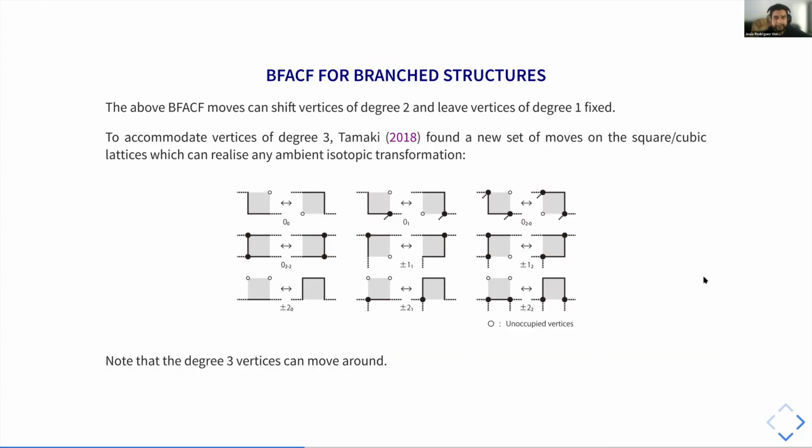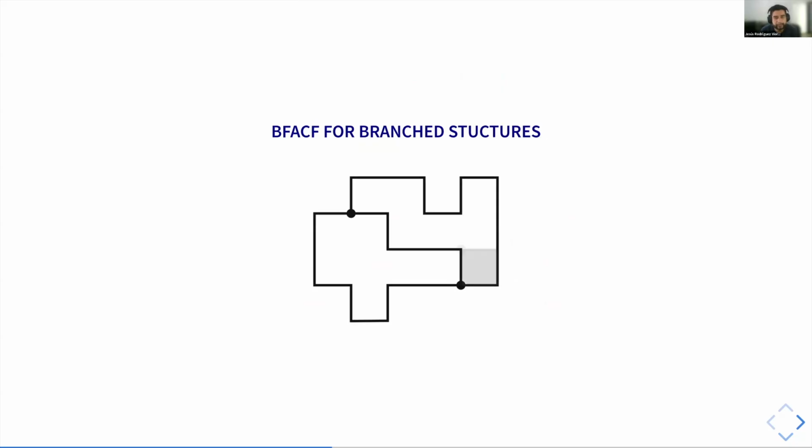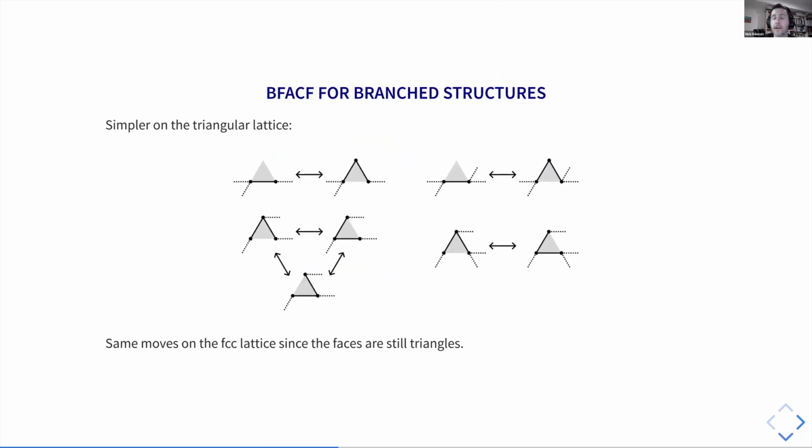But from what I understood, it hasn't been proved that these moves are sufficient, or I wasn't sure. So for the square lattice and the simple cubic lattice, it has been proved. It has been proved that you can get from anything of a fixed topology to anything else of that same fixed topology. For these guys, it has not been proved.